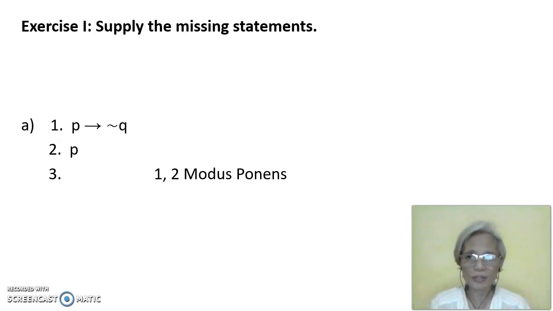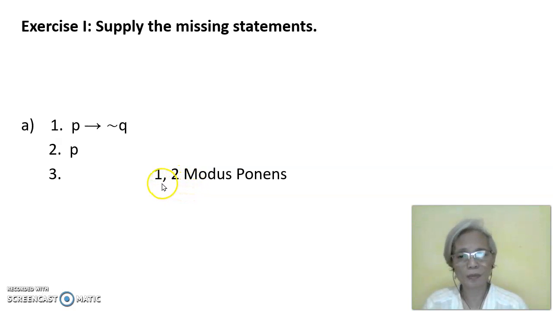For exercise number 1, we are to supply the missing statement. We have here two propositions. The first proposition is P implies not Q. We are given P implies not Q, and then we have P, and we are asked to use modus ponens on premises 1 and 2.